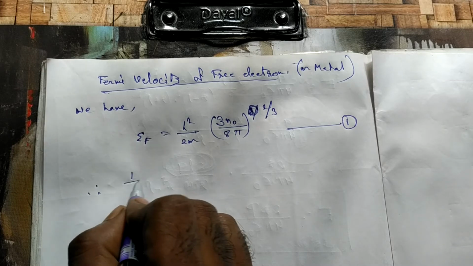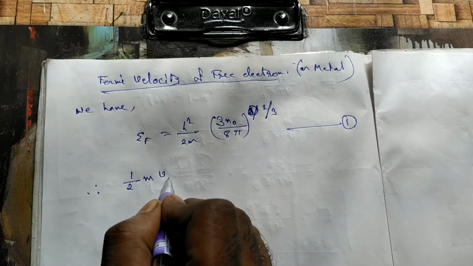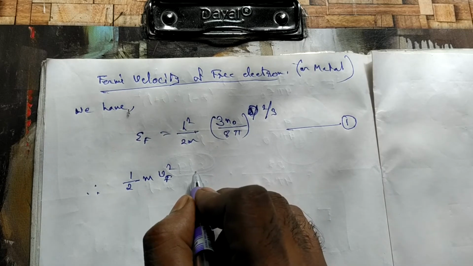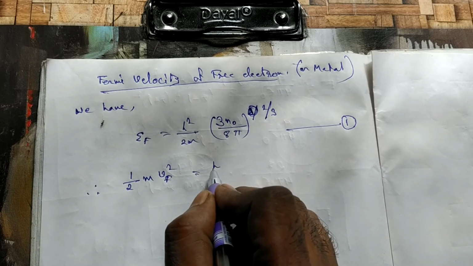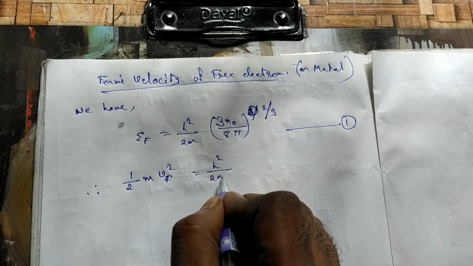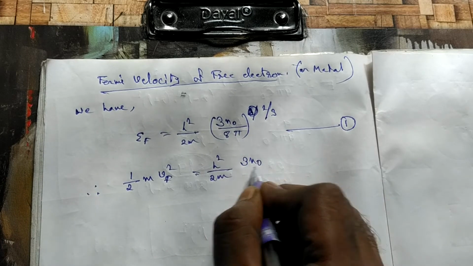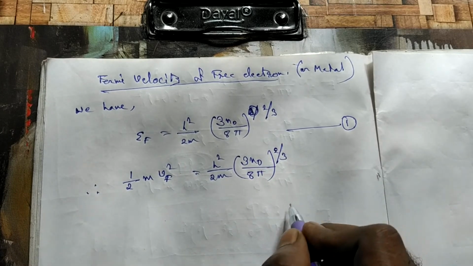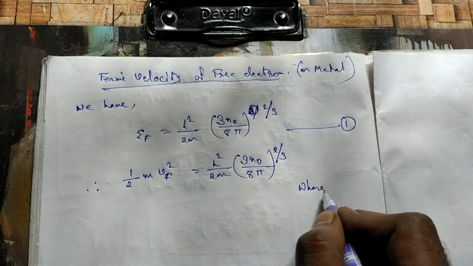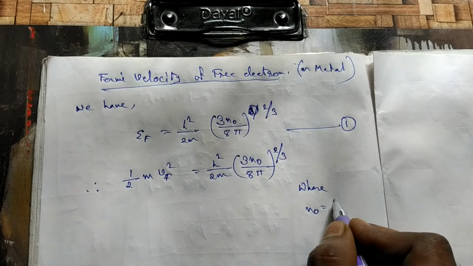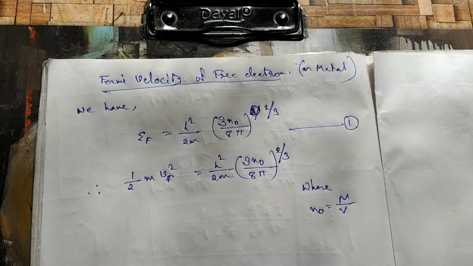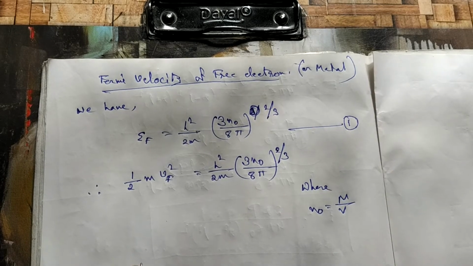So we can put half m v_F square, where v_F signifies the Fermi velocity, equal to h square by 2m, 3 n0 by 8 pi to the power 2 by 3, where n0 is n by V, the number of particles per unit volume.